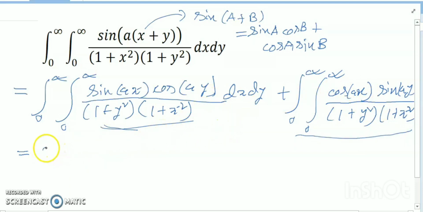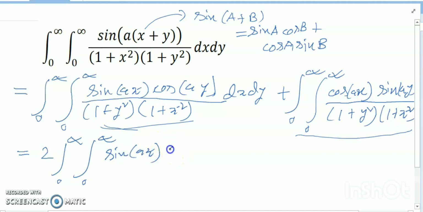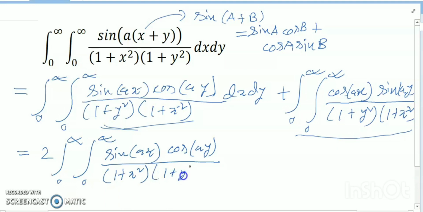So we get 2 into the integral from 0 to infinity and 0 to infinity of sine ax cos ay divided by 1 plus x square, dx into dy.